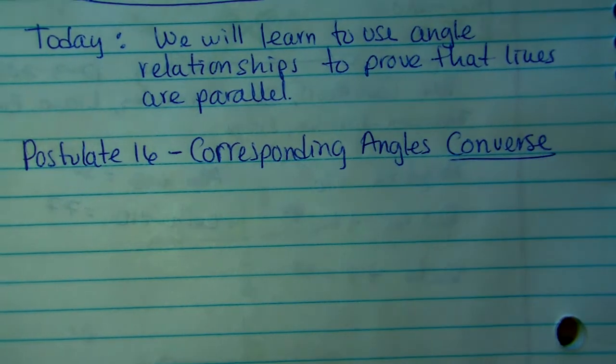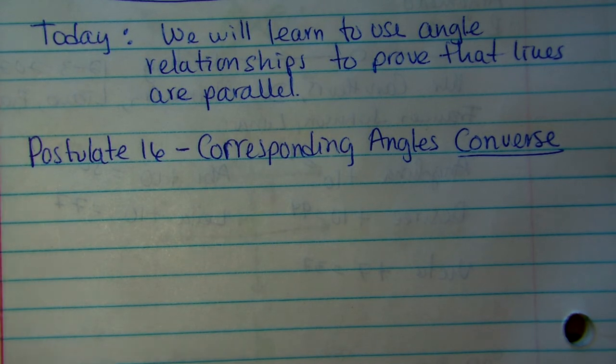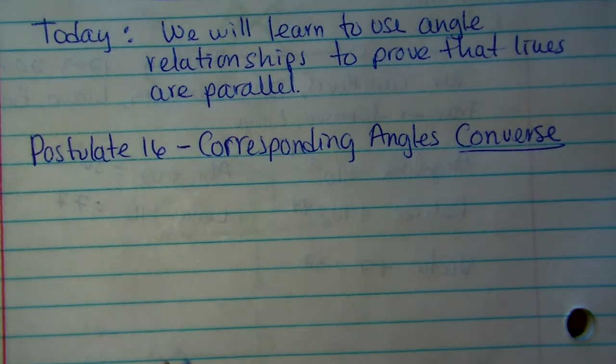Why is it a converse? Because we switch the subject and the conclusion of the other postulate, and now what was the conclusion on the other one is now the hypothesis of our postulate.